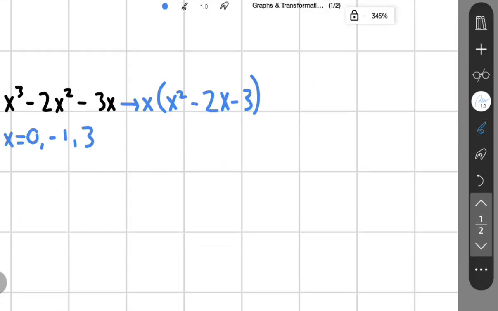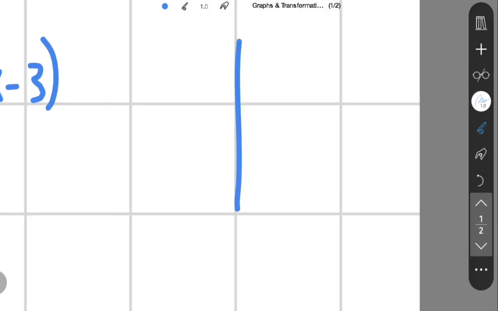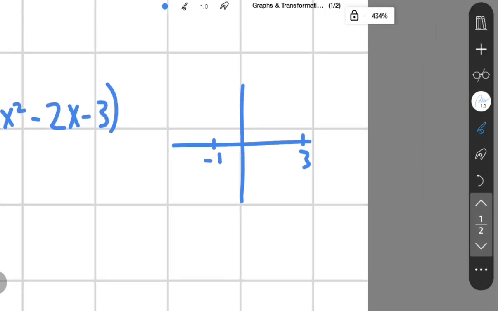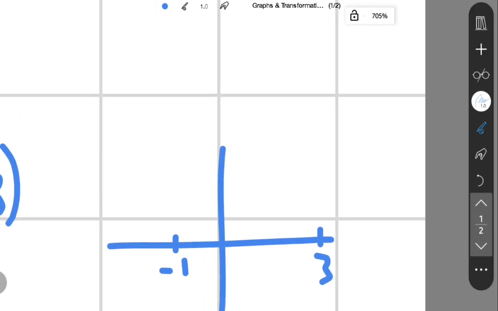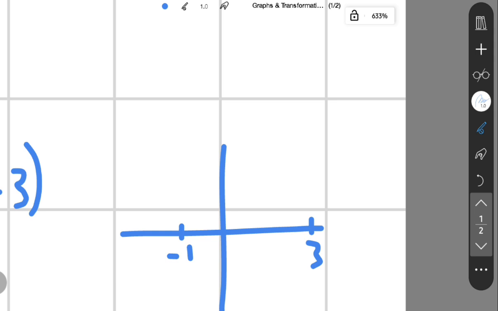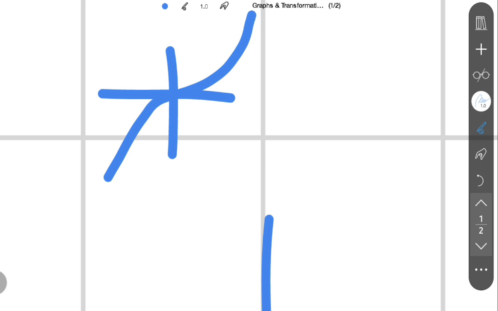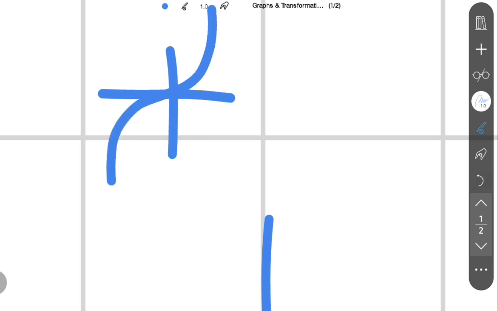So let's draw a graph roughly. We have 0, we have negative 1, and we have 3. And there's no y-intercept. So in the end, as I said, if the coefficient of x cubed is greater than 0, which is positive, it's going to follow this general form, like this.